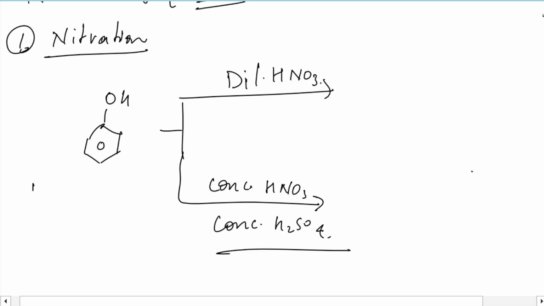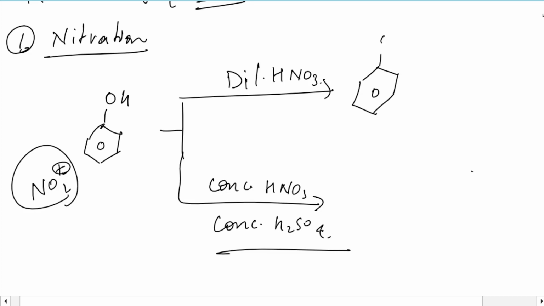So the electrophile here is definitely NO2 positive only, that will get substituted at ortho and para position in both the cases. But in case of dilute HNO3, there is not much amount of NO2 positive produced, so it is simply getting substituted at ortho and para position.